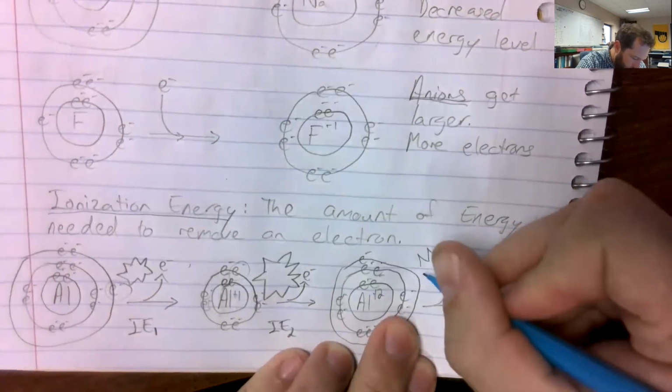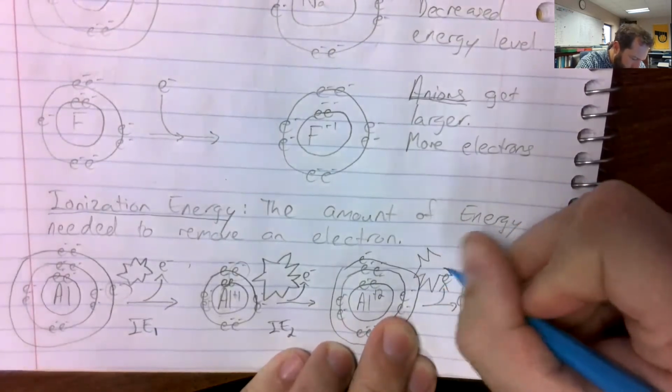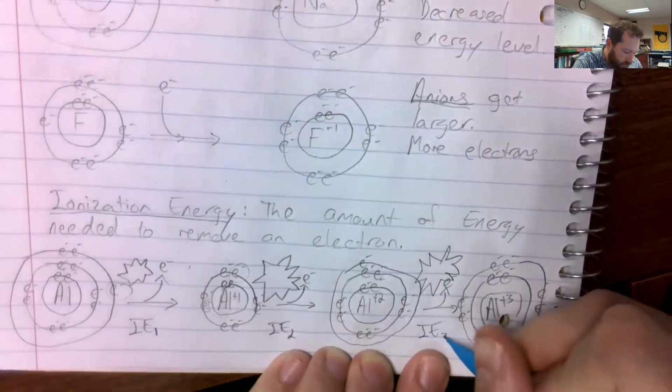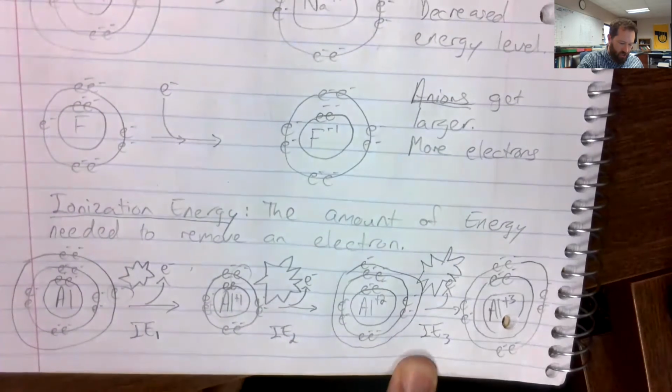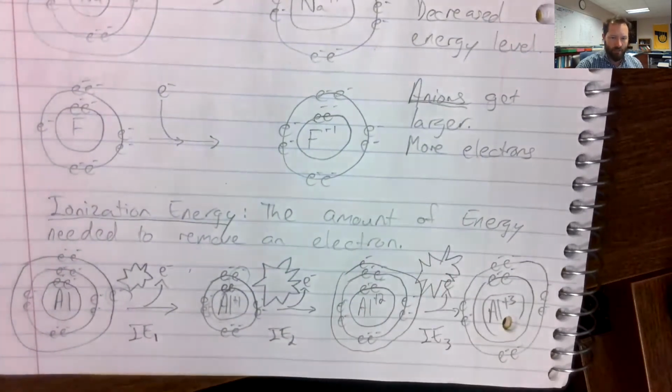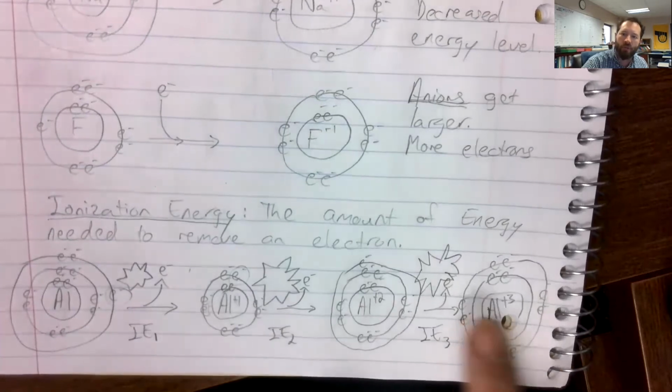And again, it'll be a bigger amount of energy than before, but not necessarily a huge amount of energy, that third ionization energy. So there's our starburst. Again, it's a good amount of energy. It's not an amazing amount of energy. Now we've got aluminum +3.